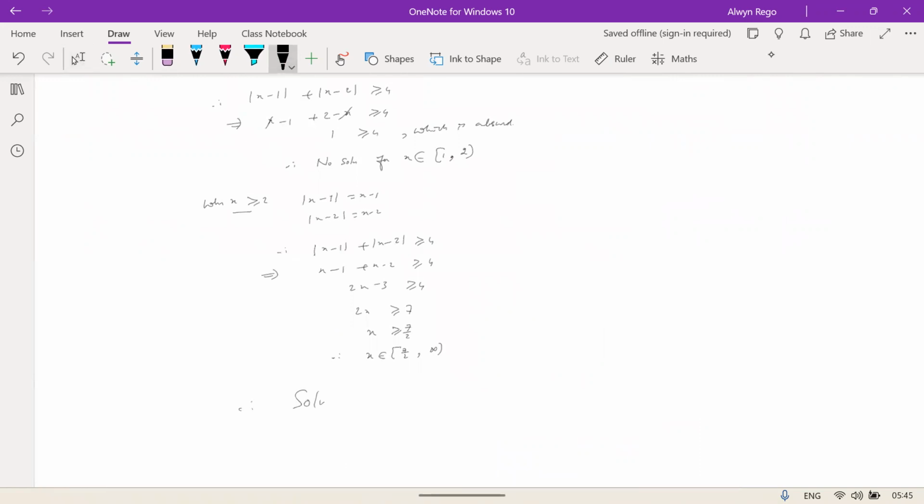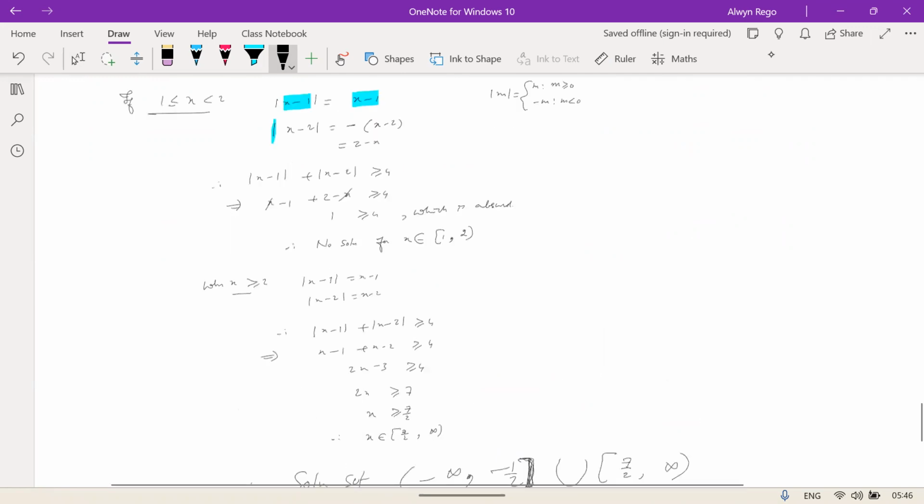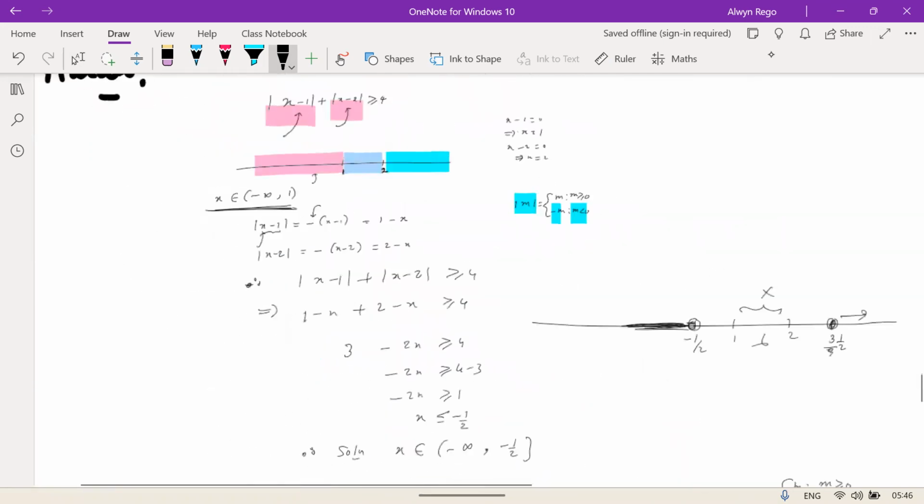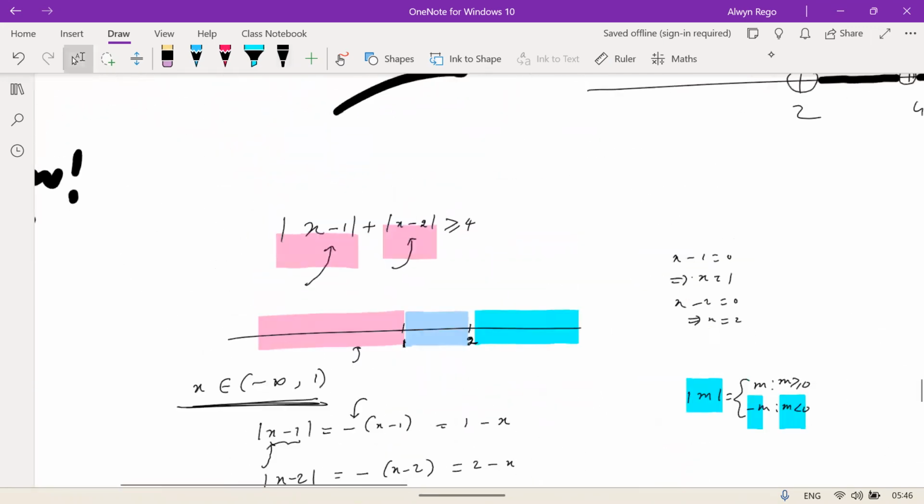Therefore, the solution set is negative infinity right up till negative half, closed, of course, or you have 3.5, that's 7/2, right up till infinity. This is where you'll find that the solutions of the system exist. So this is a very complex system, actually.